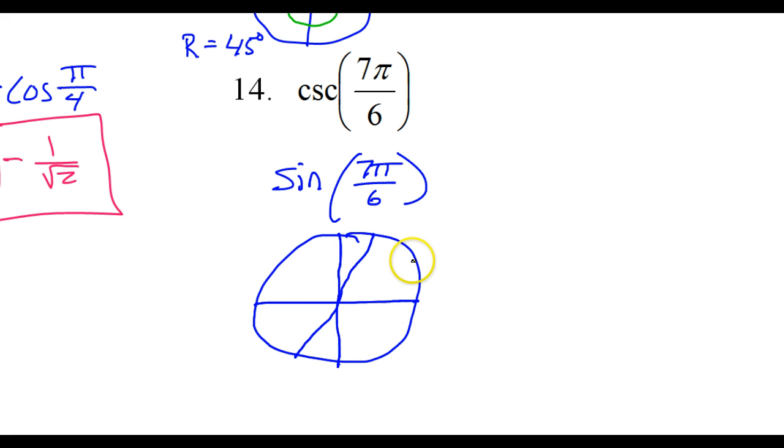Okay, I'm not real great at it. Not the straightest lines in the world, but you can tell I've got 1, 2, 3, 4, 5, 6 pieces. That means that it's pi over 6.